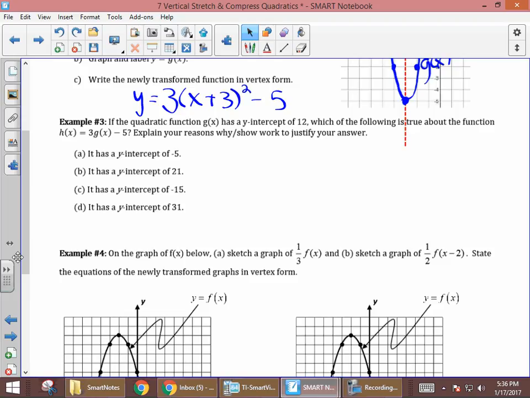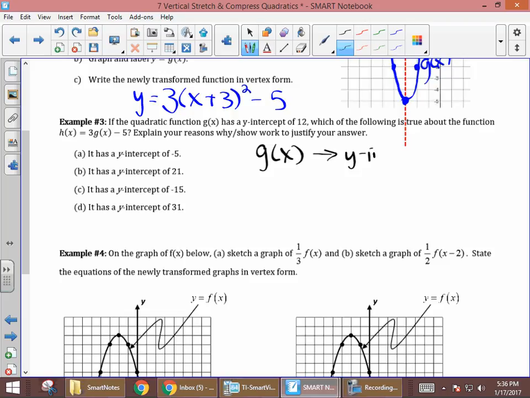Example 3. The quadratic function g of x has a y-intercept of 12. Which of the following is true about the function h of x, which equals something else? Okay, so first of all, it says that g of x has a y-intercept of 12. Y-int equals 12. That is the ordered pair 0, 12. We know y-intercepts have an x value of 0.